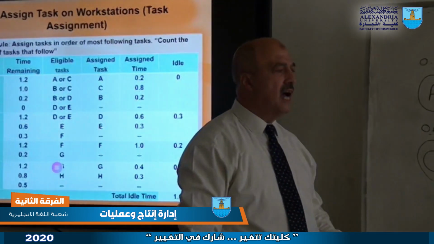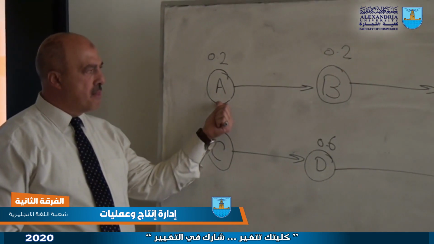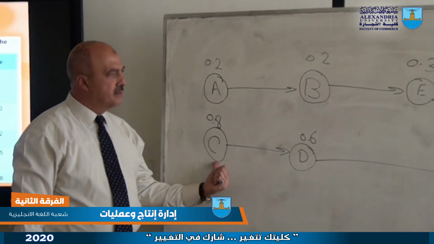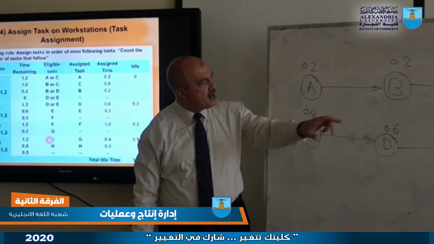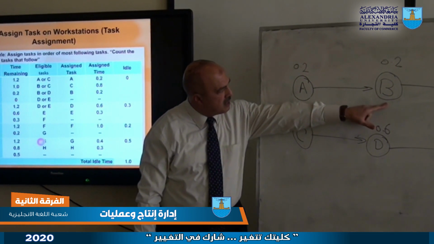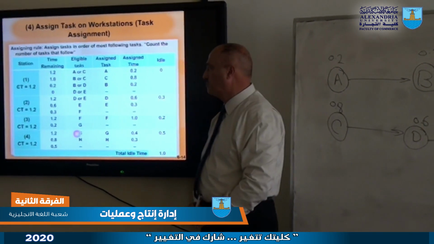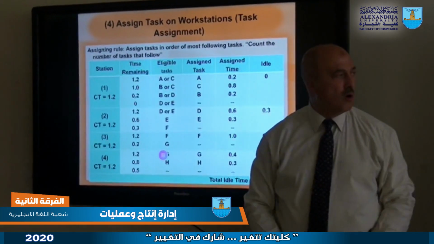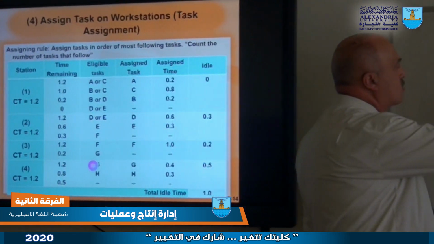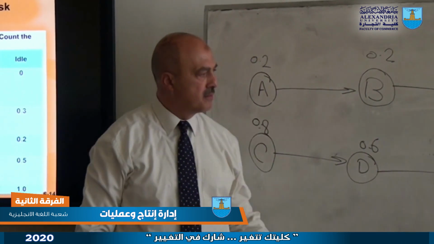So we have already taken A, C. Remaining eligible is B or D. B time is 0.2. D time is 0.6.